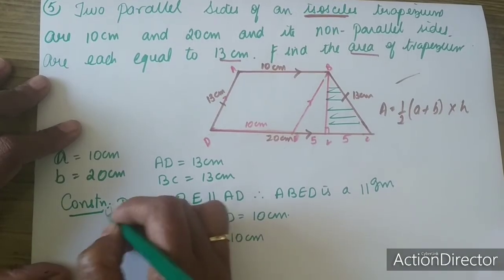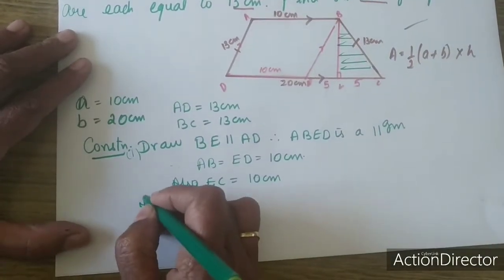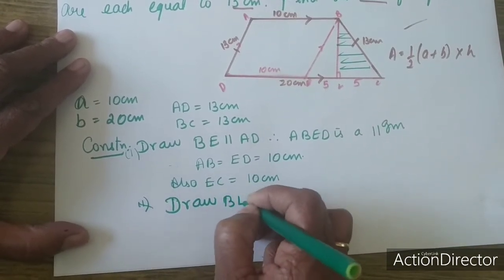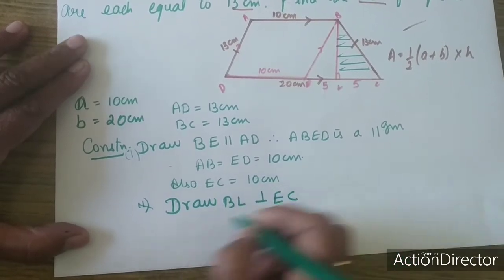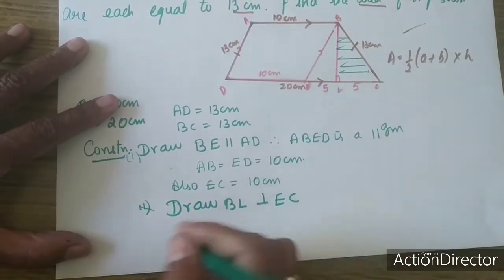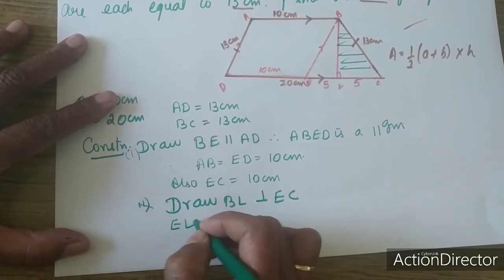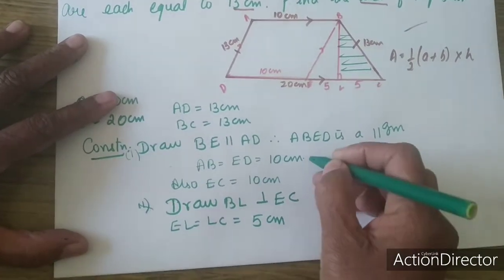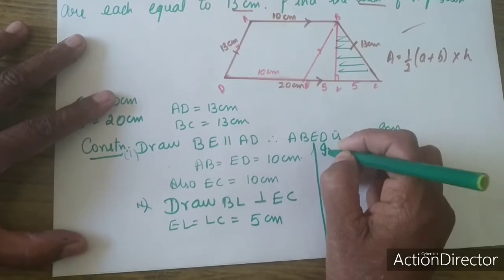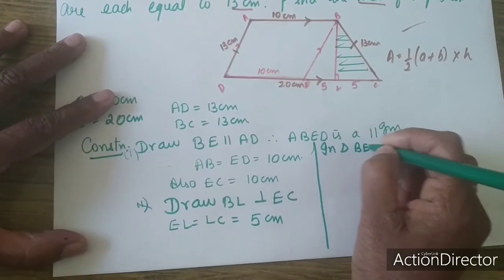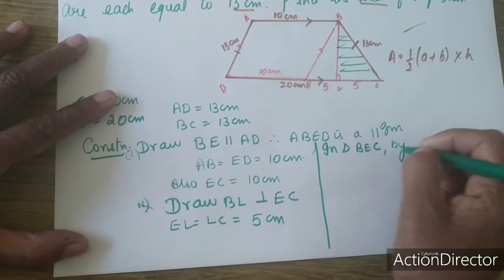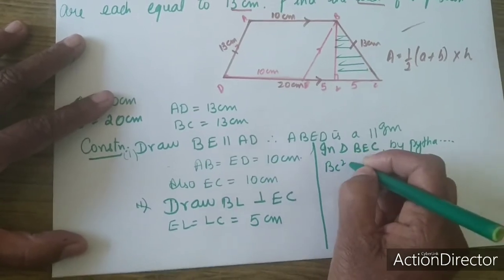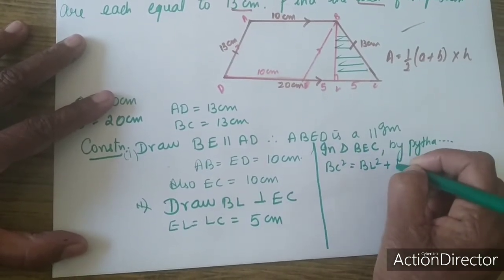Second construction, this is the first construction. Second construction, draw BL perpendicular to EC. Since this is forming an isosceles triangle, EL will be equal to LC is equal to 5 centimeter. Now, in triangle BEC, by Pythagoras theorem, BC square is equal to BL square plus LC square.